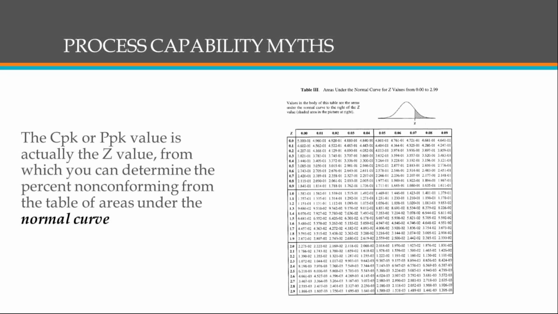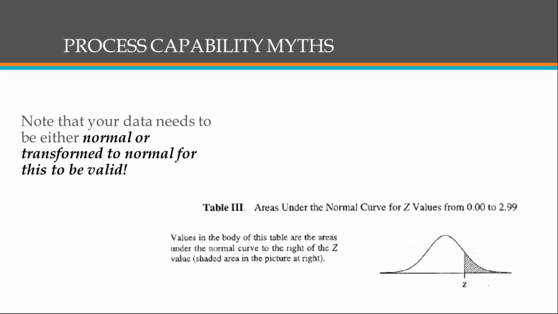That's nice if your distribution is a normal curve. Because as you see, it's specific to the normal curve. So if your values are in some other distribution, you can't use it directly. So it either has to be normal, or you can transform it to normal for this to be valid.